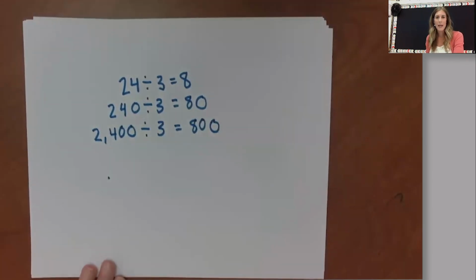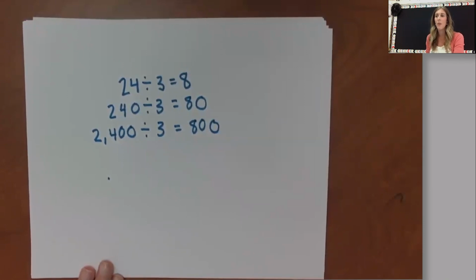What is the same about these division problems? That's right. The non-zero digits are all the same basic fact of 24 divided by 3. What's different about these division problems? You got it. The number of zeros changes.